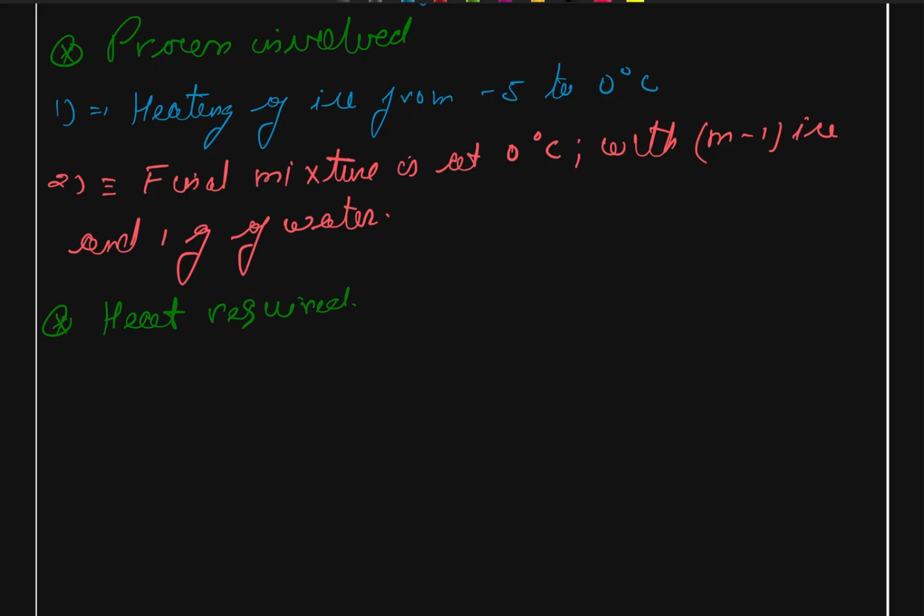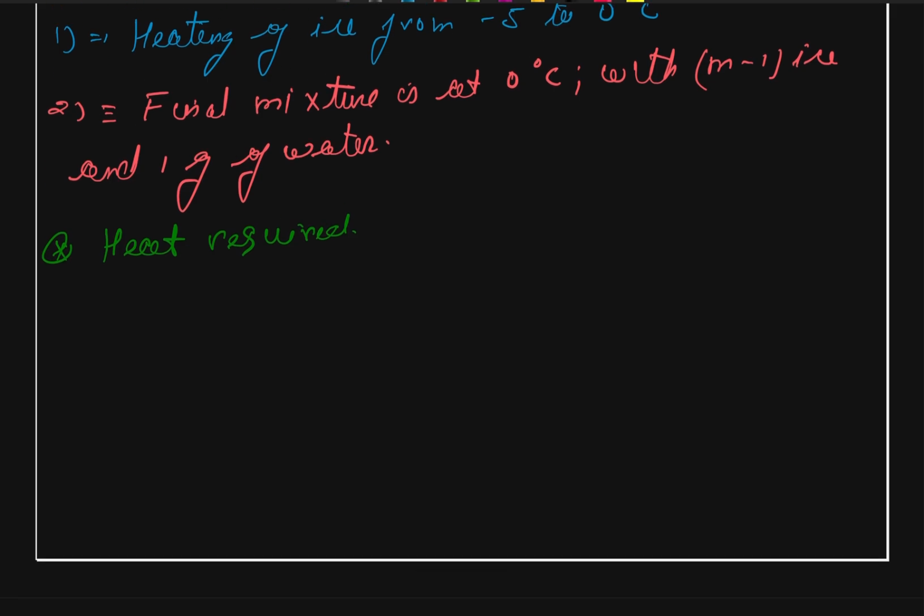First will be the heating of ice from -5 degree centigrade to 0 degree centigrade, and then the melting of the ice at 0 degree centigrade. So for the first step we have the heating of ice from -5 to 0 degree centigrade.